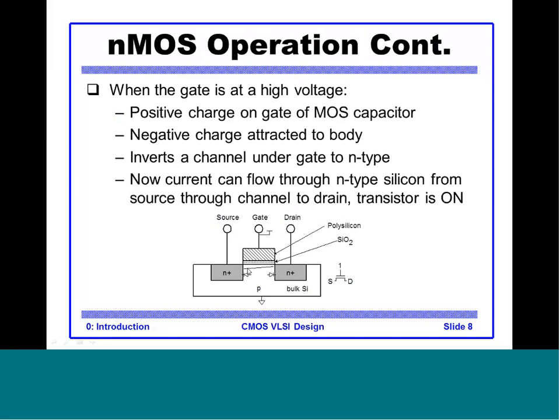This channel is called an inversion layer. Why is it called an inversion layer? It's because the material is p-type, but the carriers here are electrons. This inversion channel is responsible for the current flow between source and drain. So now the current can flow through the n-type silicon through this channel, and we say that the transistor is on.